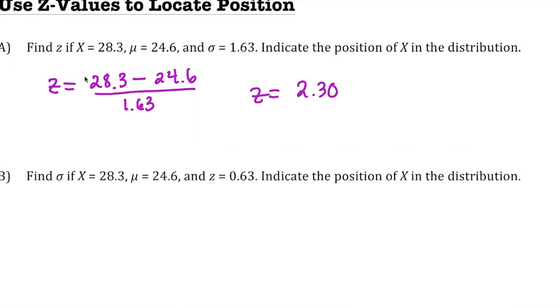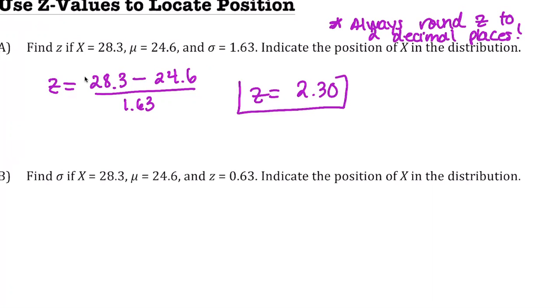Now, this is more of a note: whenever we find z values, we always round z to 2 decimal places. This is going to play a factor in something we do tomorrow. It goes for pretty much everything that we round to 2 decimal places, but you want to be super careful whenever we round z, because how you round z is going to affect your final answer tomorrow. So we always want to round to 2 decimal places.